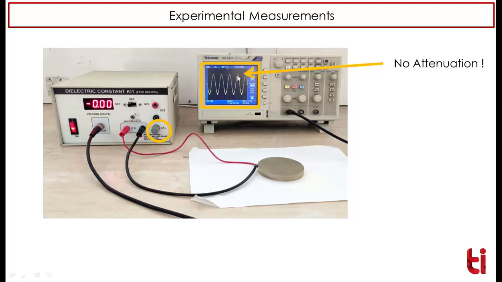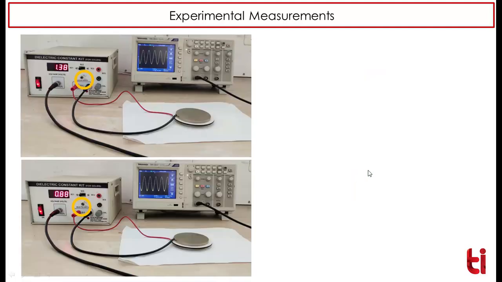Once we have ensured that there is no attenuation, then we introduce samples within the two plates of the cell. Here we have put in the plywood sample. Now what we need to do here is this particular switch S1, we can see it very much here, it is toggled between VSC and VDC, so the value given here changes.